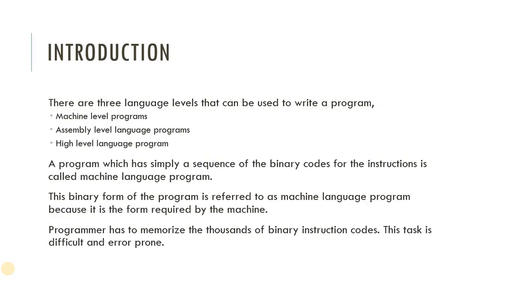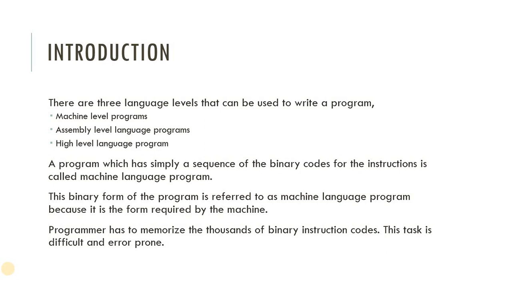There are mainly three language levels that can be used to write a program. First is the machine level, then the assembly level and the high level. First is the machine level programs. A program which has simply a sequence of binary codes for the instructions is called a machine language program. Suppose we are providing instructions to the computer, and that instruction is then decoded into the binary format.